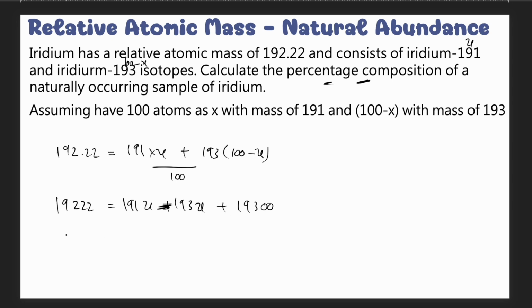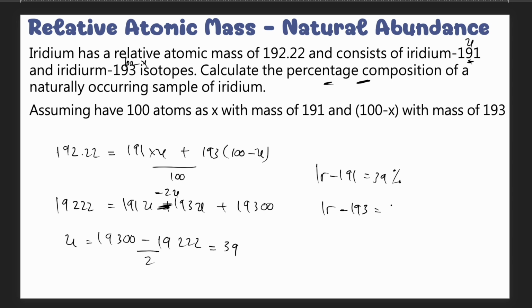So x would be 19,300 minus 19,222, which becomes negative 2x, divided by 2, which is 39. So for Ir-191, x is 39%, and for Ir-193 it would be 61%.